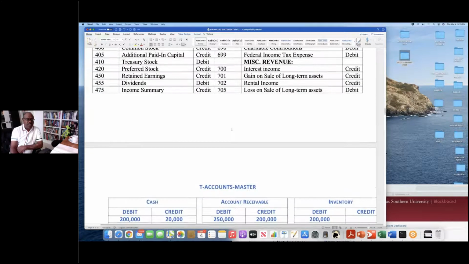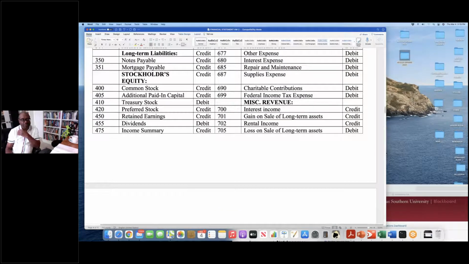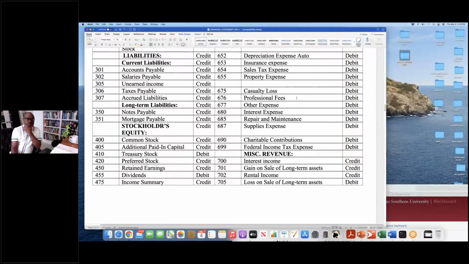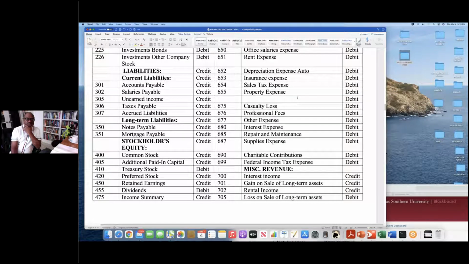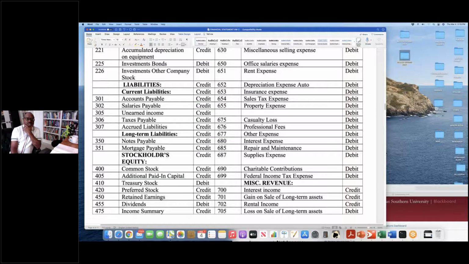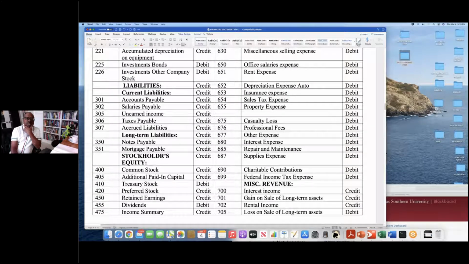I just picked one. Do you have an example of one that we don't have anything for? I think on the last test we did, it was rent. It was something like property expense. Rent is 651, and here they are. Oh, okay, it must not have been rent.